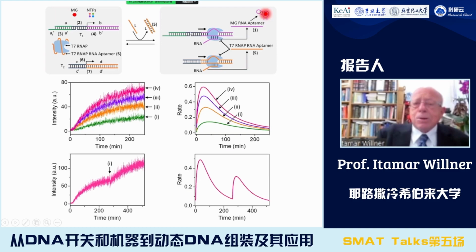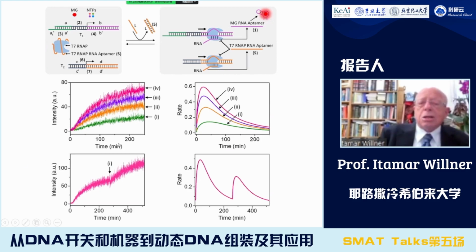The upper template generates the RNA aptamer, but the lower template generates the RNA polymerase aptamer that inhibits the polymerase, and basically what it does, it acts as a suicide element that converts the upper transcription into a dissipative process.